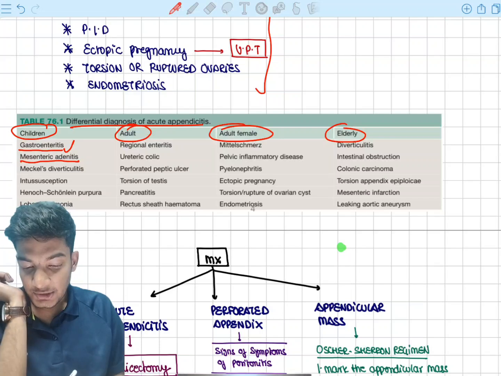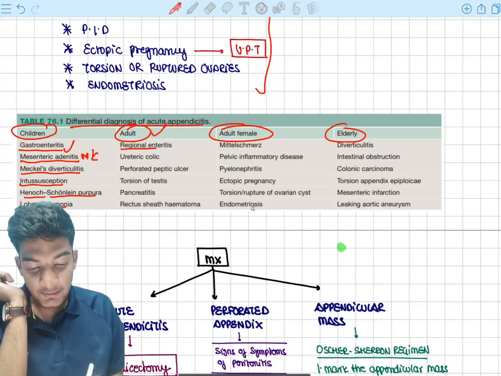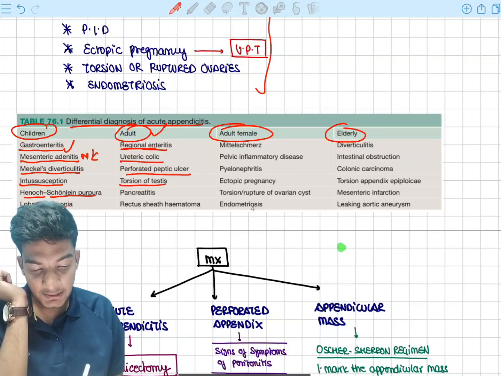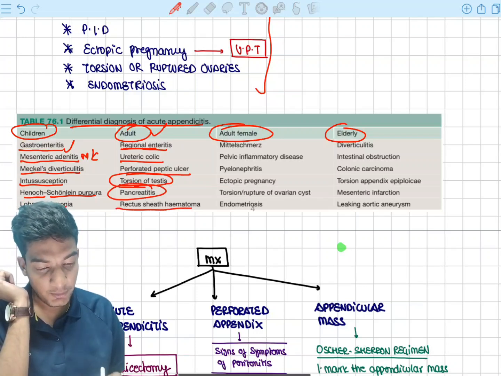The others are gastroenteritis, Meckel's diverticulitis, intussusception, Henoch-Schonlein purpura, lobar pneumonia. For adults, it includes regional enteritis, ureteric colic, perforated peptic ulcer, torsion of testis, pancreatitis, rectus sheath hematoma.